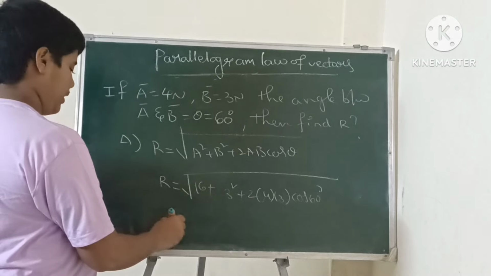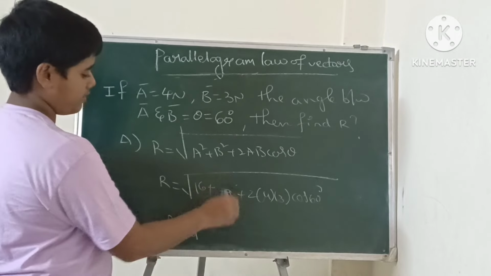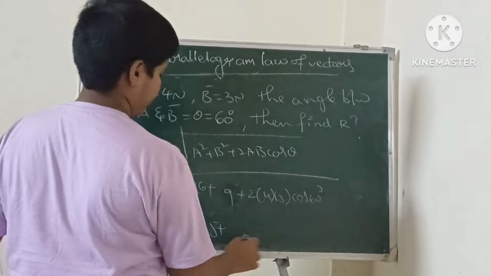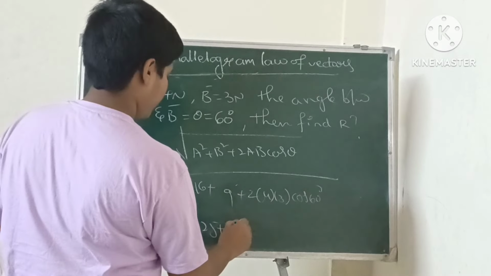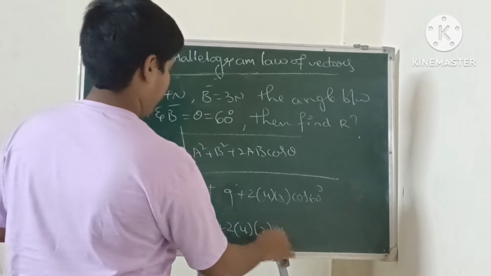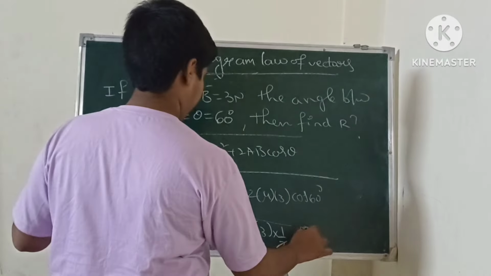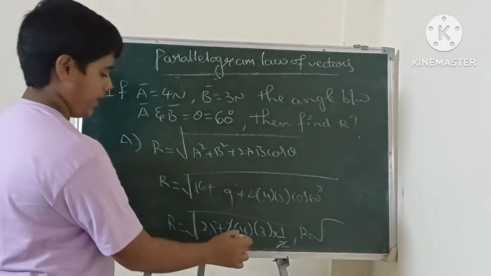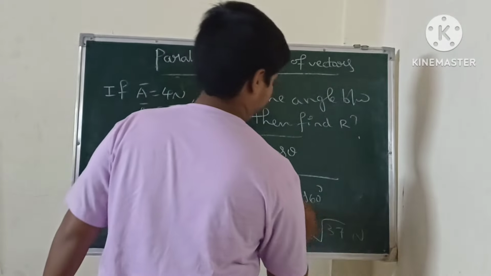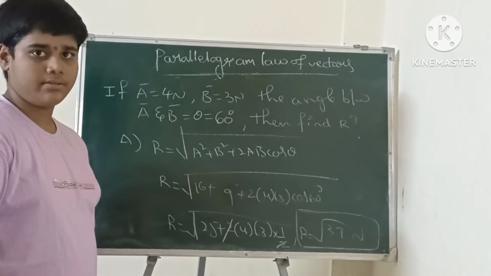Here 3 square means 9, 16 plus 9 is 25, plus 2 into 4 into 3, cos 60 means half. 2 gets cancelled, and here R is equal to root over 25 plus 12, which means root 37 newtons. Here the resultant is root 37 newtons.